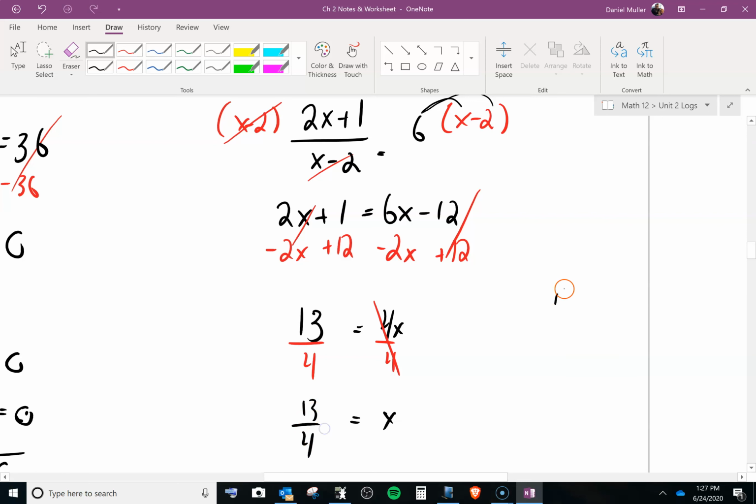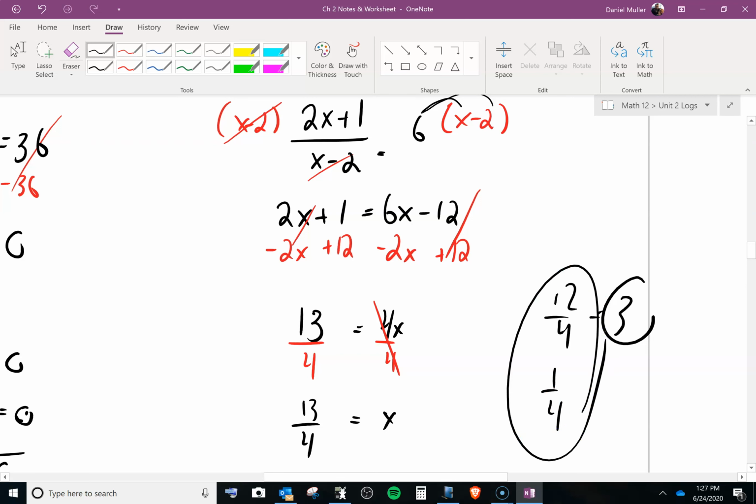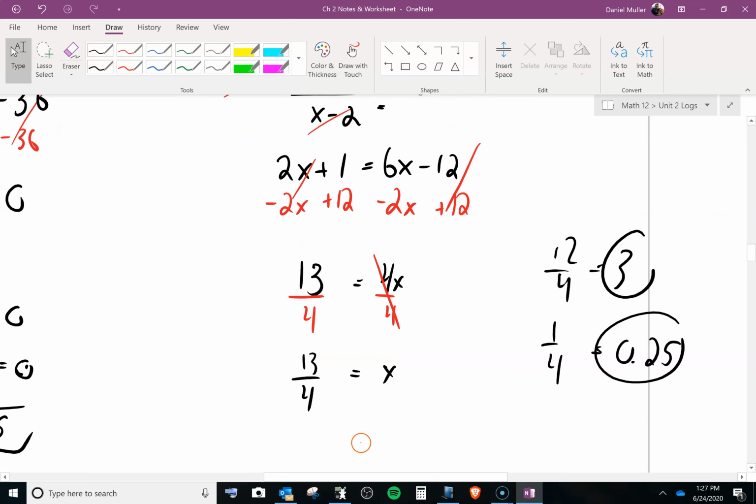I know 12 over 4, that's 3. This is just bigger than 3. So it's 1/4. So I got 12 over 4, and then I have another 1 over 4. That is 13 over 4. 1 over 4 is 0.25. 12 over 4 is 3. So this is 3.25.